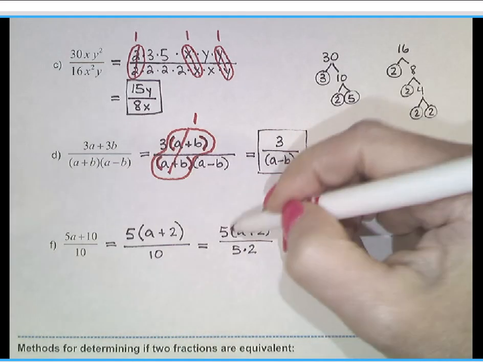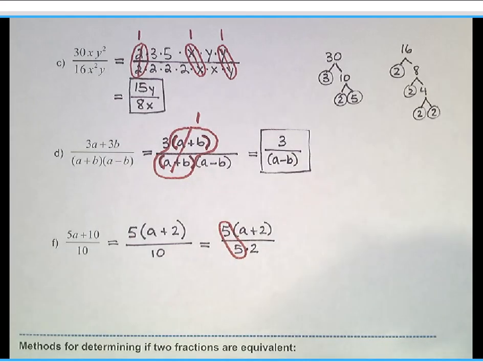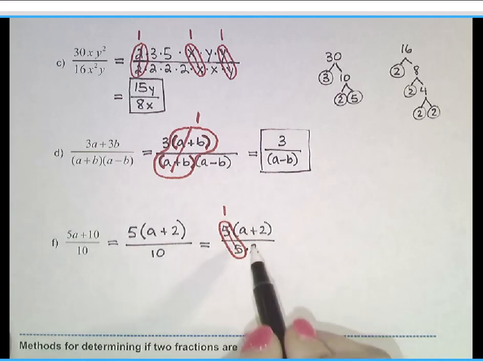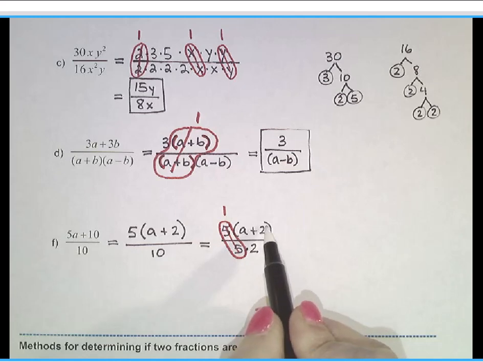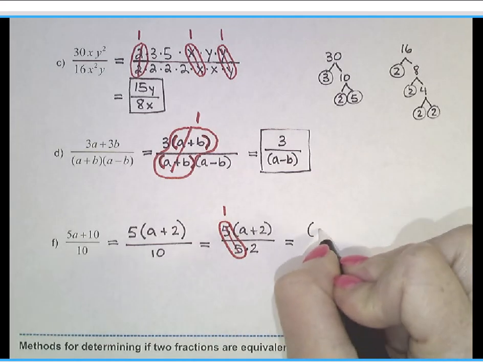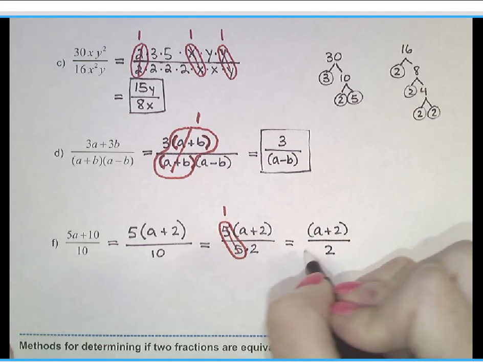And the reason I want to do that is because, see that 5 over 5? 5 divided by 5 is 1. I'm not going to go inside my parentheses and cancel the 2's. I can't do that because, remember, with parentheses, it's all or nothing. So what I'm left with is actually a plus 2 on the top and 2 on the bottom.